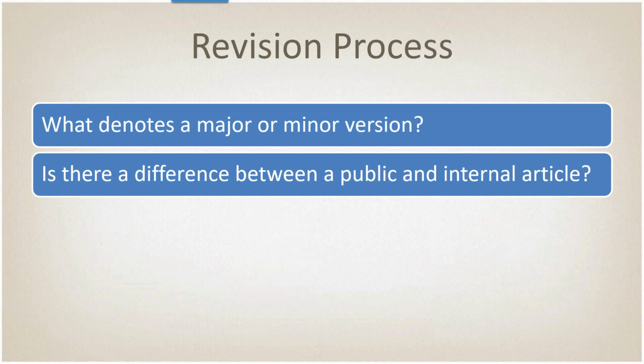Do we create a new major version, or do we create a minor version of the article to match? Maybe you could keep them in sync. You need to think about things like that, because it makes the management of those articles truly easier.